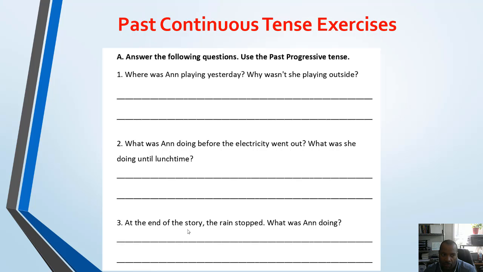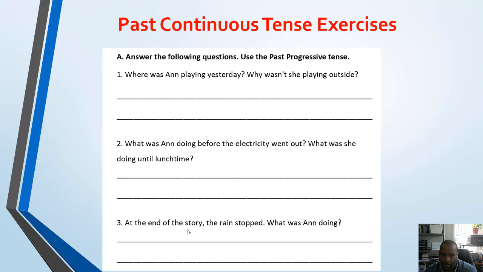Number 2, what was Anne doing before the electricity went out? What was she doing until lunchtime? I wrote, before the electricity went out, comma, Anne was reading. To answer the second part, she was practicing her sewing until lunchtime.